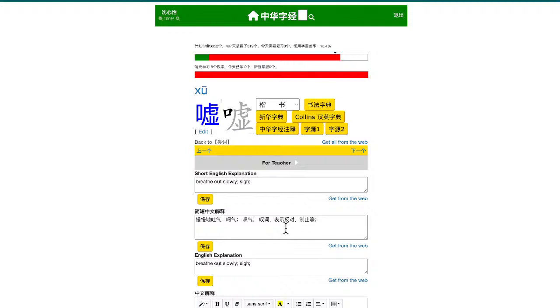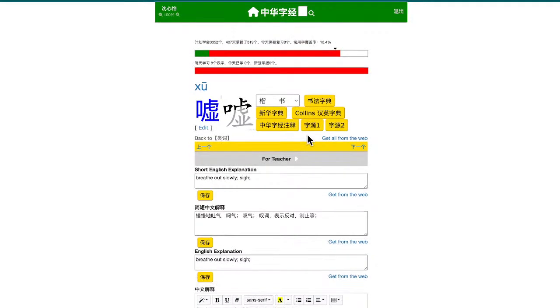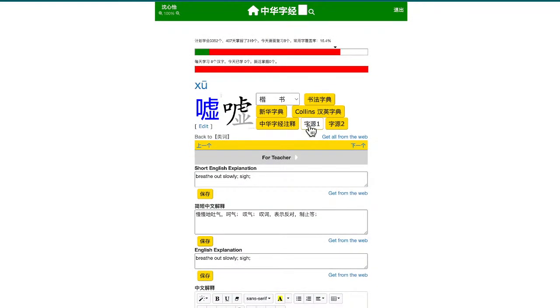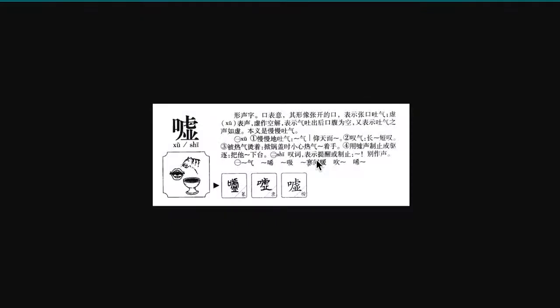So let's take a look at the character itself. You can see that the right-hand side is the character 虚, which means empty. Basically, this is because you breathe out slowly.